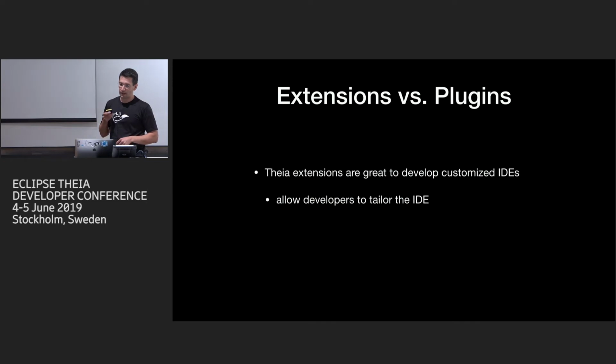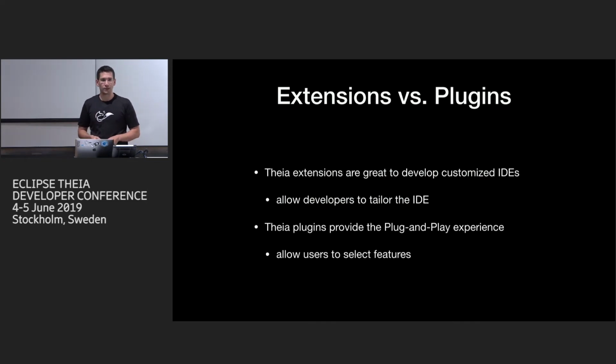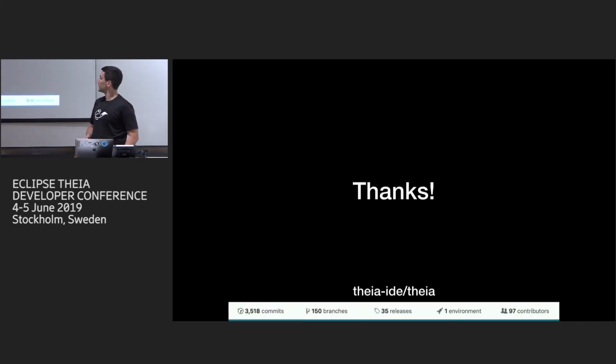But beside that, you can also use VS Code extensions or Theia plugins to get this plug-and-play extensibility, so that users can select some sort of feature sets and so on. I think that's basically it. Thanks.